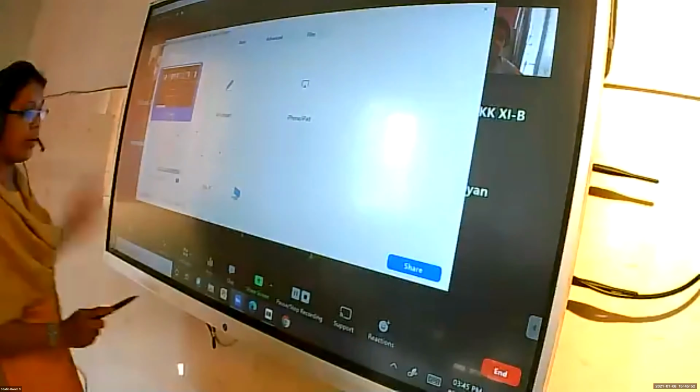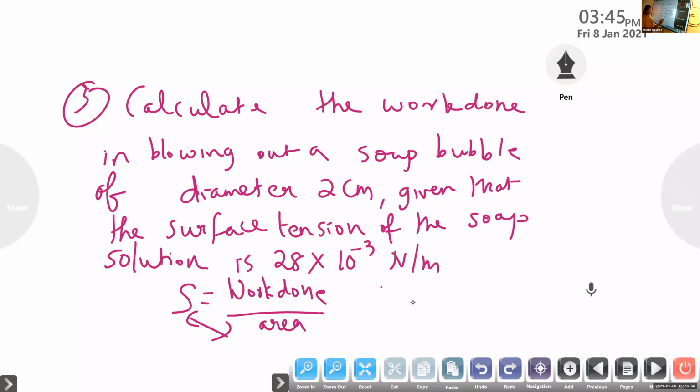Okay. So here we wanted area only. Work done is equal to surface tension, which is given to you as 28, so you can write 2 into 4 pi r square S. What is given to you?